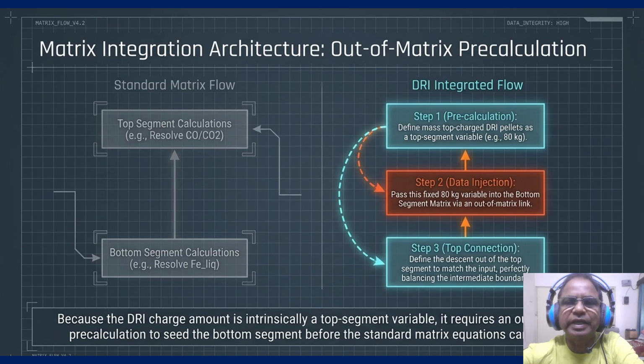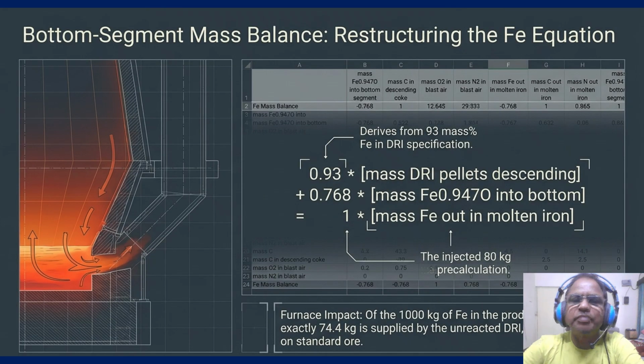So let's get into the metallurgy. The visual displays the revised Fe mass balance equation: 0.93 times the mass of DRI pellets descending plus 0.768 times the mass of FeO into the bottom equals our 1000 kilogram Fe product.